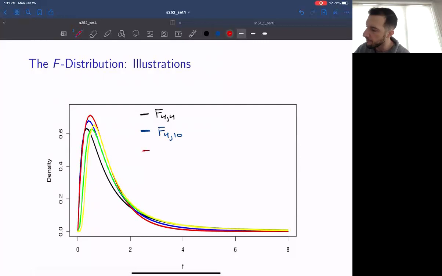The red curve is then an F on 4 and 30. So changing the second degree of freedom appears to affect peak height. The peaks appear to be getting a bit higher than they were with reference to the black curve, and they slightly slant to the right, but they're mainly just increasing. So the tail would be coming in in that case.